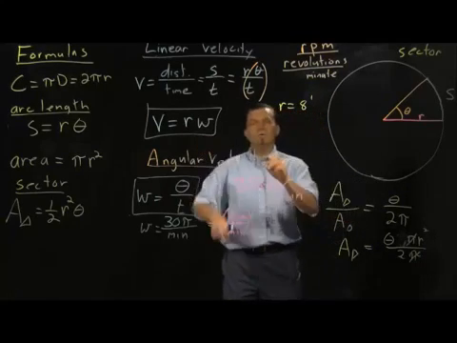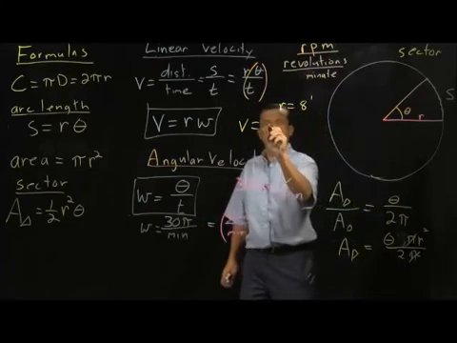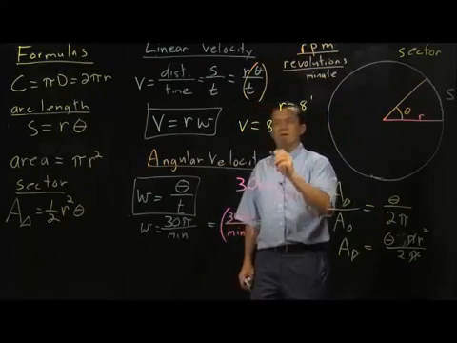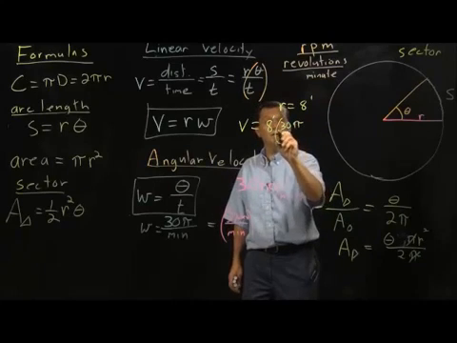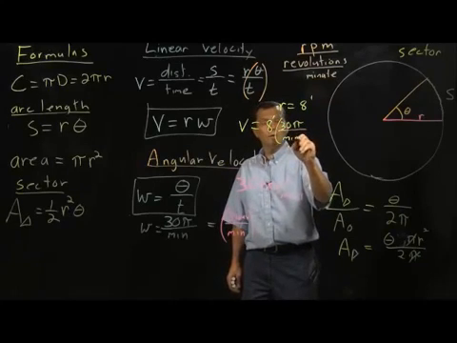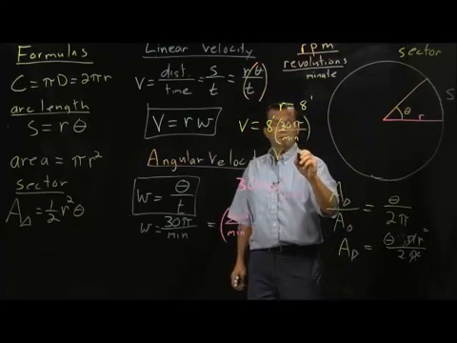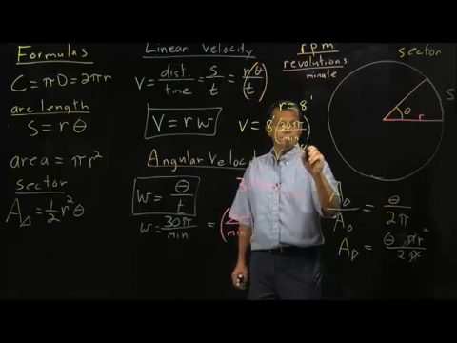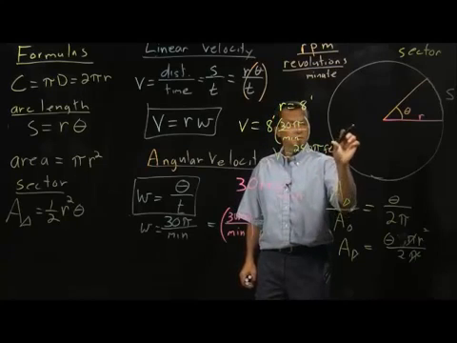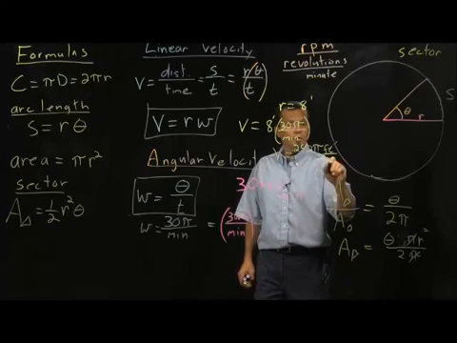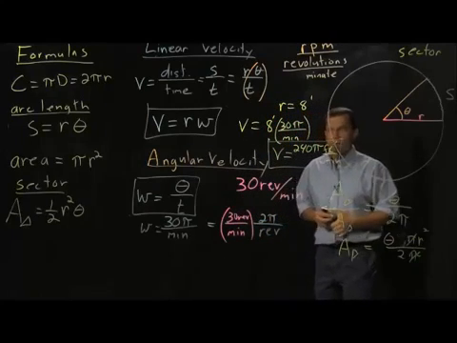But if I want to know the speed of this merry-go-round, I really don't have to do anything more than say I have 8 feet times 30 pi radians per minute. So now, grab your calculator, take 8 times 30 times pi, and that's feet per minute. And that will be the speed of the edge of your merry-go-round.